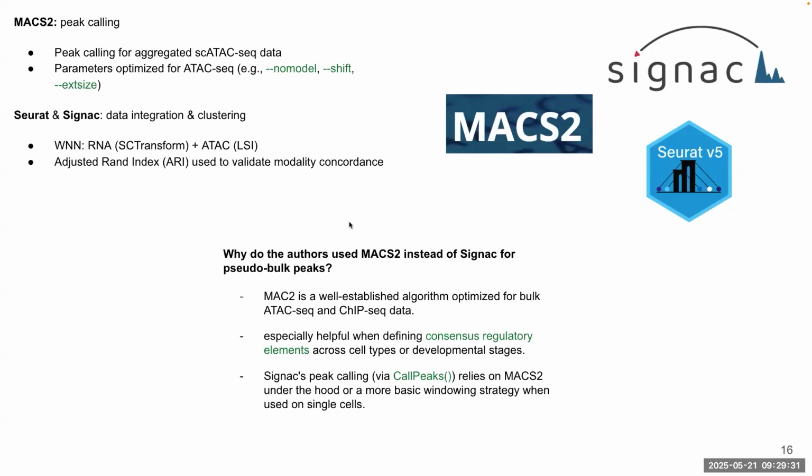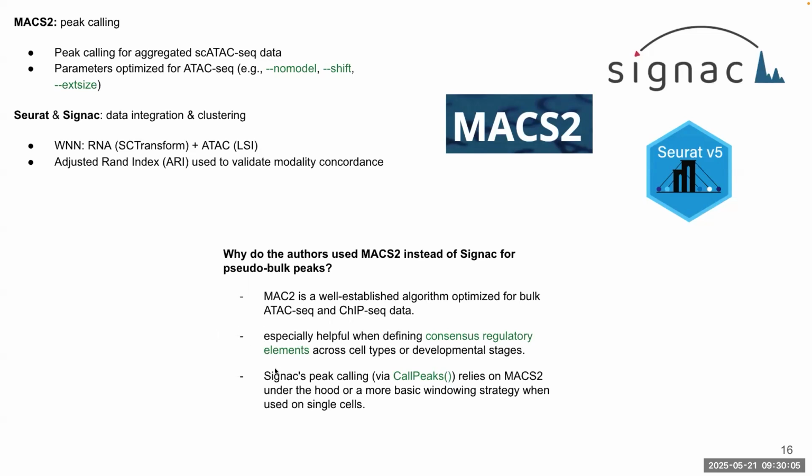And one question that I had during this paper is why do the authors use MACS2 instead of scATAC, because we know that scATAC has functions to do this, and they use scATAC in some steps. And so I found that likely, and this is my personal opinion, MACS2 is a well-established algorithm, but particularly optimized for both ATAC-seq and ChIP-seq data.